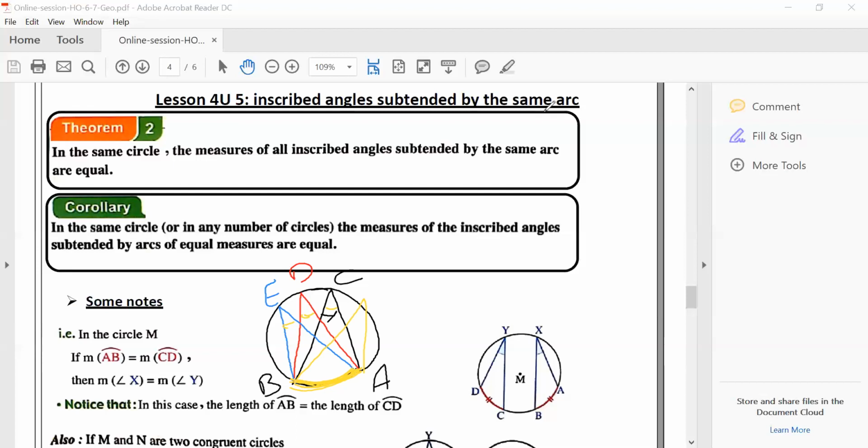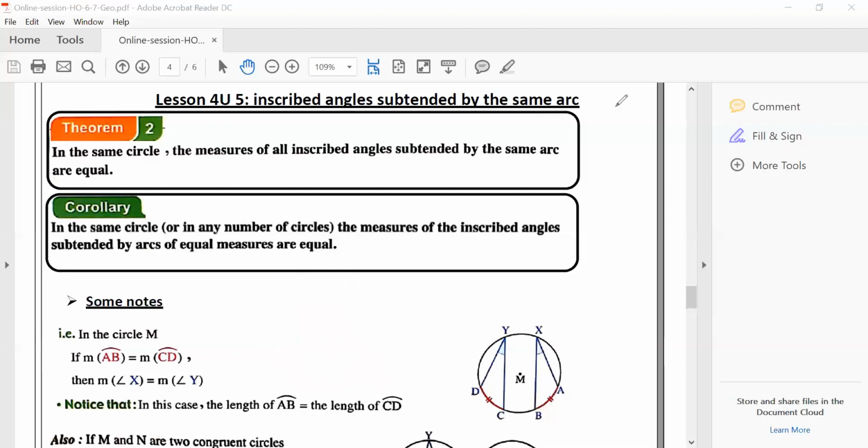As a corollary, if you have in the same circle or in congruent circles like this one, in the same circle, if you have two inscribed angles equal in measure, this is the corollary too. Here if AB and CD are two equal arcs, قايل لي كده ان measure arc AB equal measure arc DC, then the two inscribed angles opposite to them are also equal.